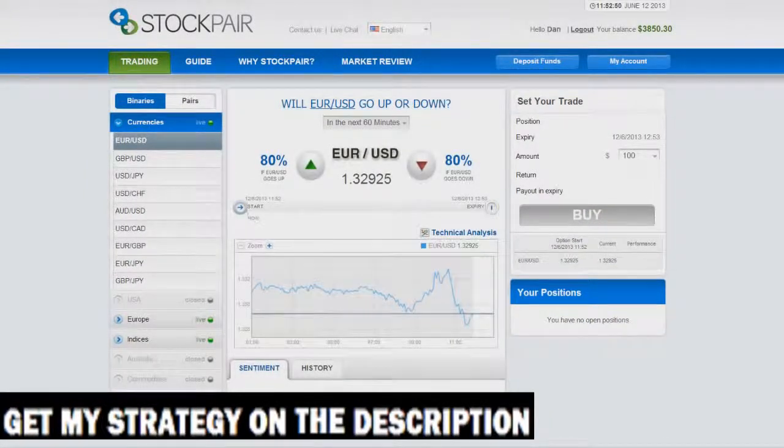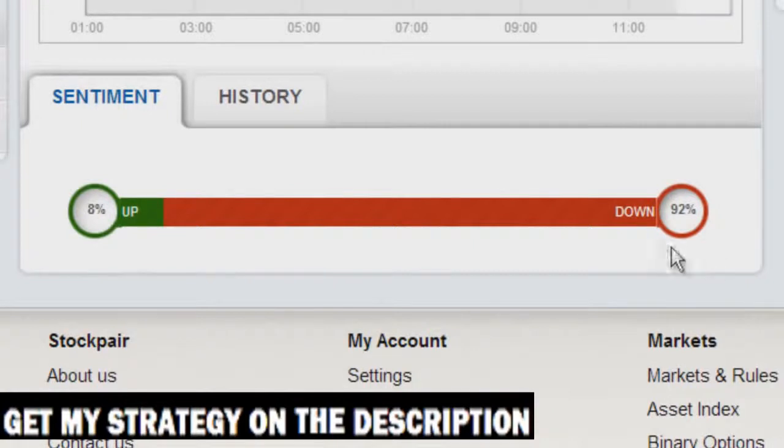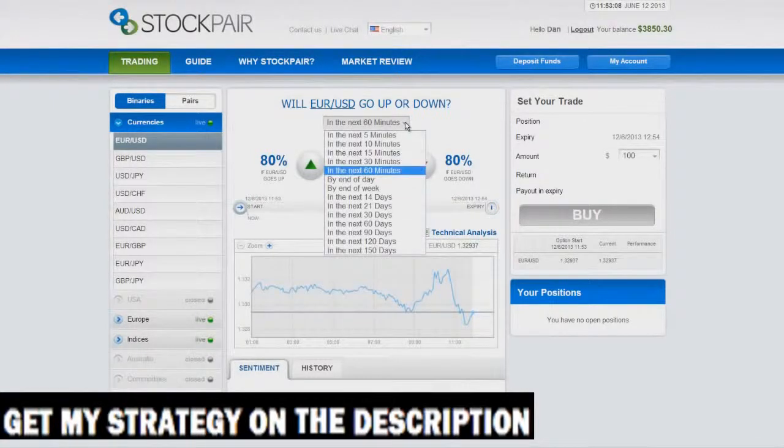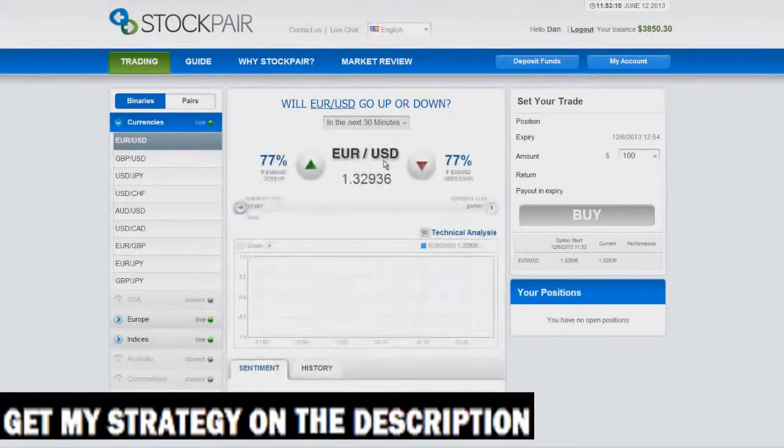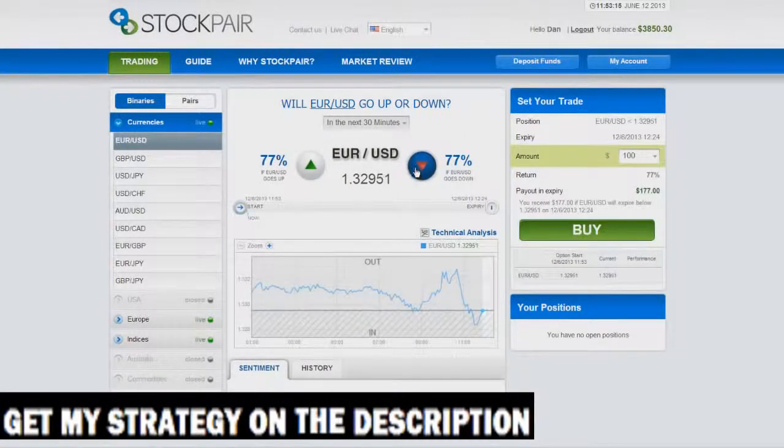As you can see, 8% of the traders are saying the currency pair will go up, 92% are saying it's going to go down, and since we're working with 30-minute trades with my strategy, we're going to make a slight change here. So we're going to click over here, and we're going to change this option and select in the next 30 minutes. Now the majority of traders are still saying the price is going to go down. So we'll click on the down put button, enter the amount of $120 here, click buy.